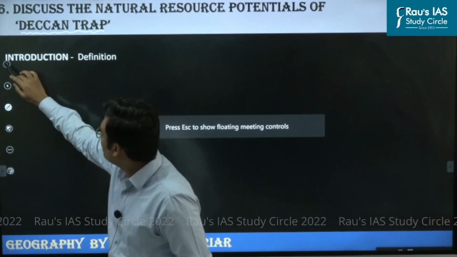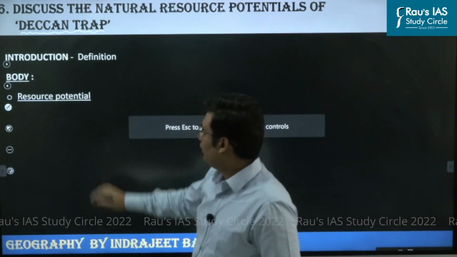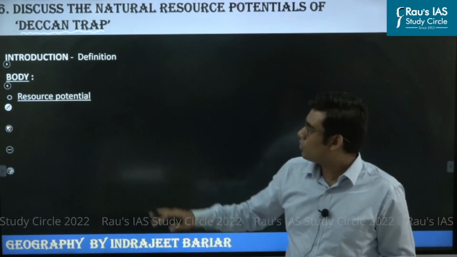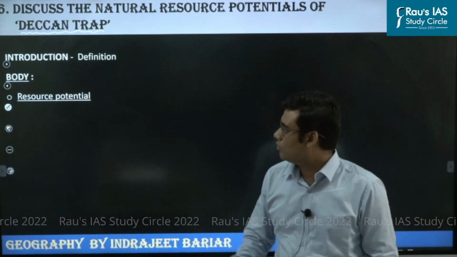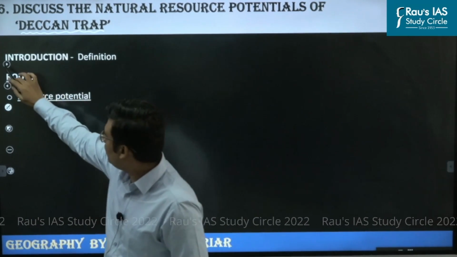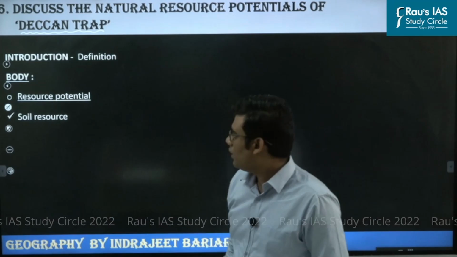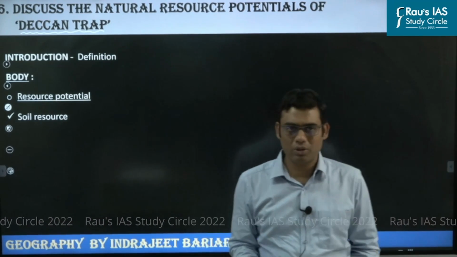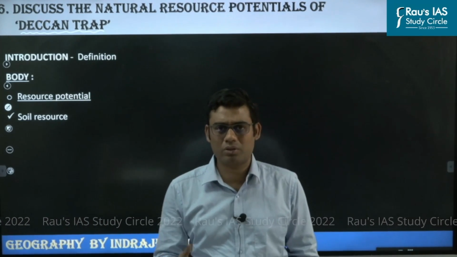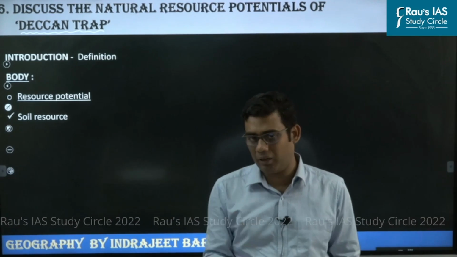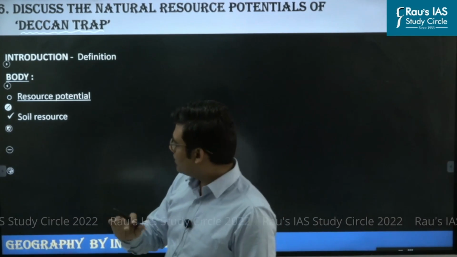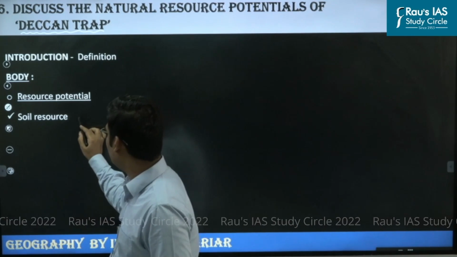So in the body portion, under resource potential, the first resource we are taking is soil resource. In terms of soil resource in Deccan trap, I can primarily talk about two basic major categories of soil.